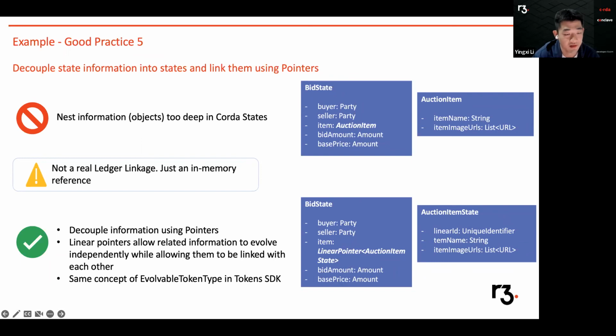So they are technically linked, but they are not affecting one another. Because if you are doing nested states, anytime you want to update the auction item, you are updating the bid state. So that's the fifth example.